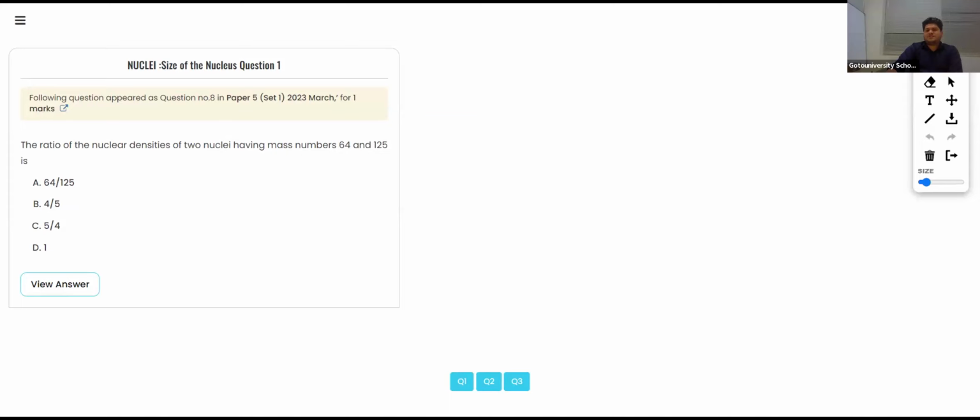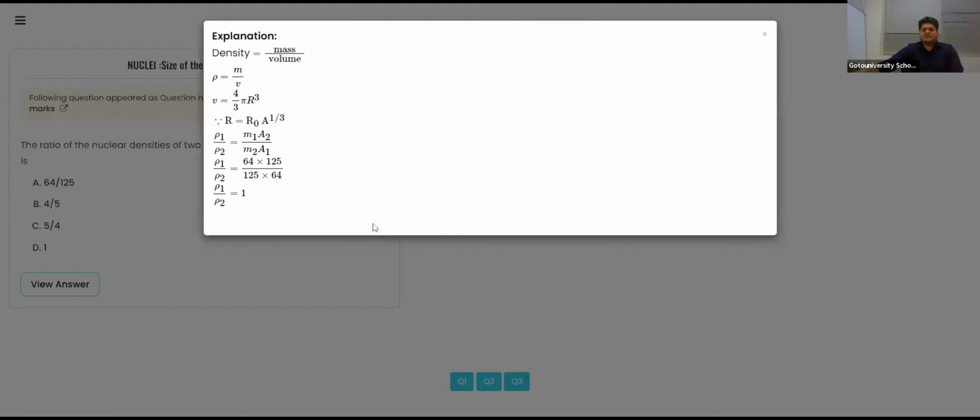What is the meaning of mass number? A1 and A2 are given. We have to find nuclear density.